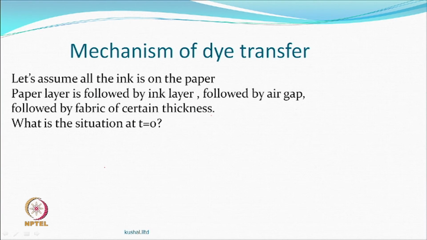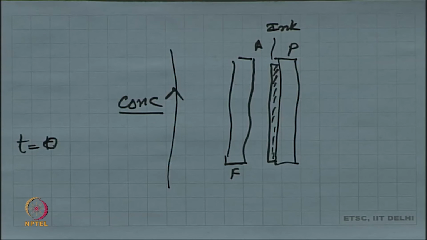So, we have ink on the paper, the paper layer is followed by the ink layer, then there is an air gap followed by fabric of a certain thickness. Okay. So, this is what we expect to happen. This is the situation.